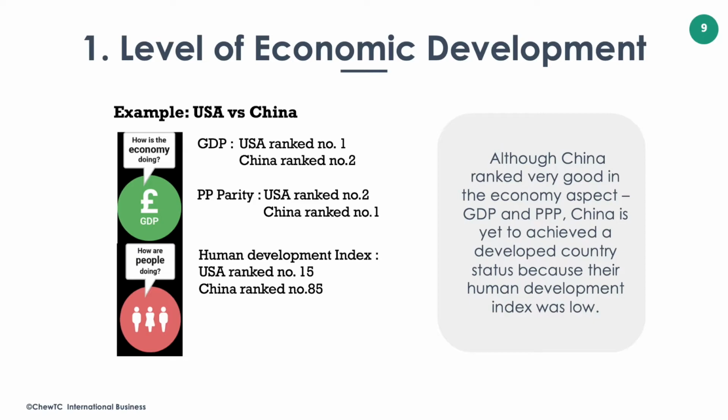Although China ranked very well in the economic aspect, GDP and PPP, China is yet to achieve developed country status because the Human Development Index was low. Again, I repeat, in order for a country to achieve developed economic status, they have to do well in both aspects, the economy and also the human aspect.